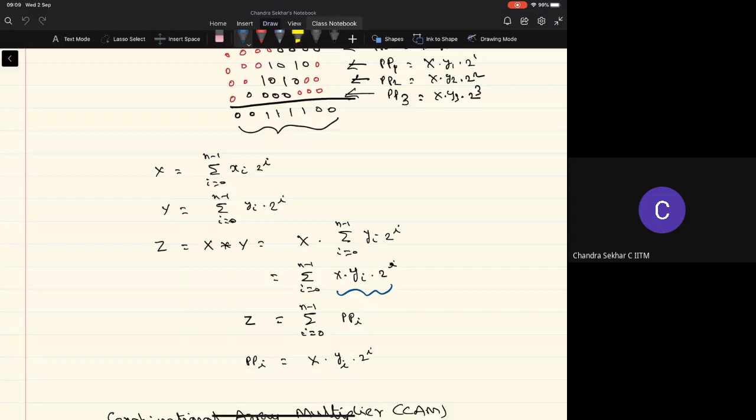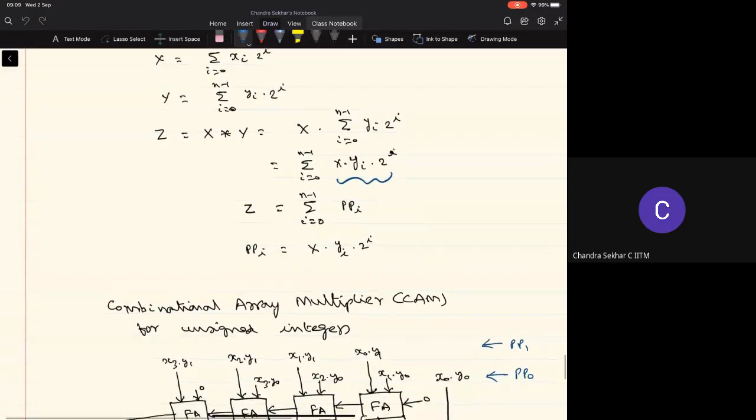Okay. So what we are going to see now is a circuit that can realize these operations. So what is required in order to realize these operations? I need to generate the partial products, which involves performing the AND operation on bits of x with a particular bit yi, and then of course spatially shifting. And once we get these partial products, we need to add them, and we'll be using full adder based circuits to perform this operation.